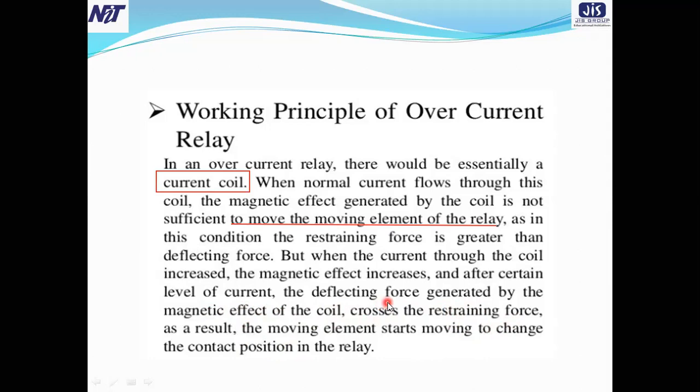For the excessive current, this phenomenon is happening inside the relay. As a result, the moving element starts moving to change the contact position in the relay. In this way, the relay operates. So it operates when excessive current flows through the coil.